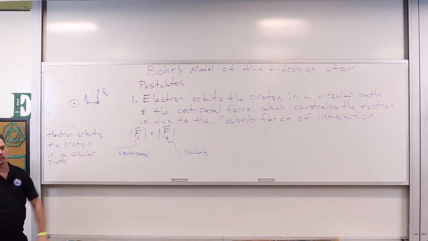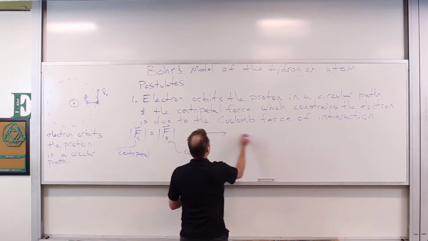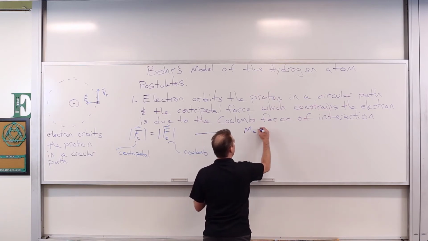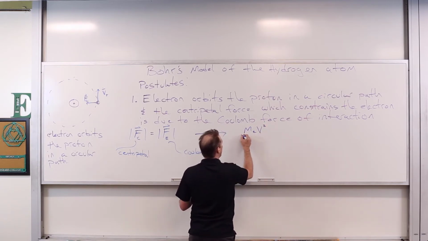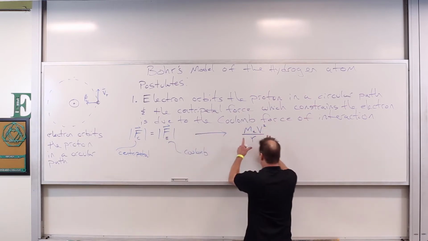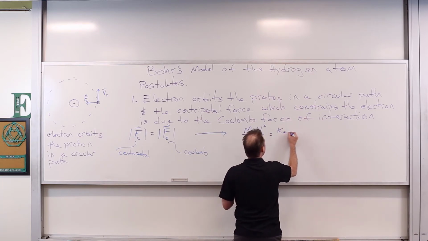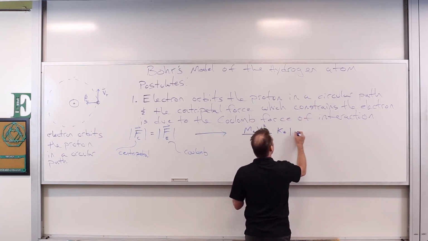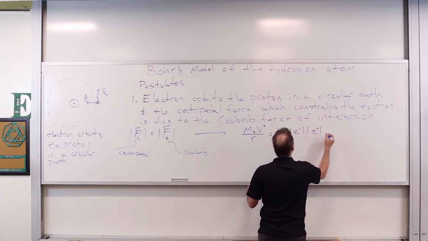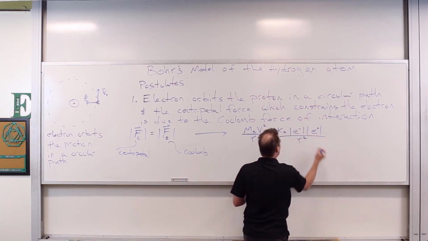I say F sub E, so the electric field force. That's fine. So what does this spell out? We have the mass of the electron, M sub E, times its speed squared, divided by R, its orbital radius, that is the centripetal force, has to be equal to K sub E times the absolute value of E minus times the absolute value of E plus, divided by R squared.